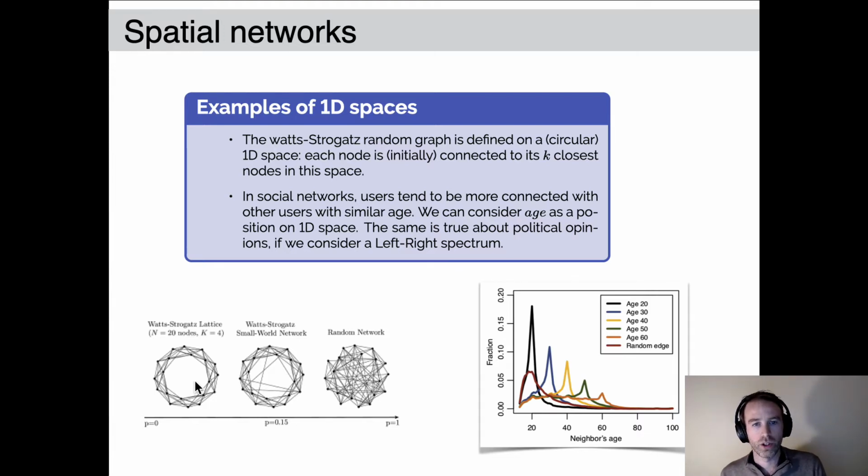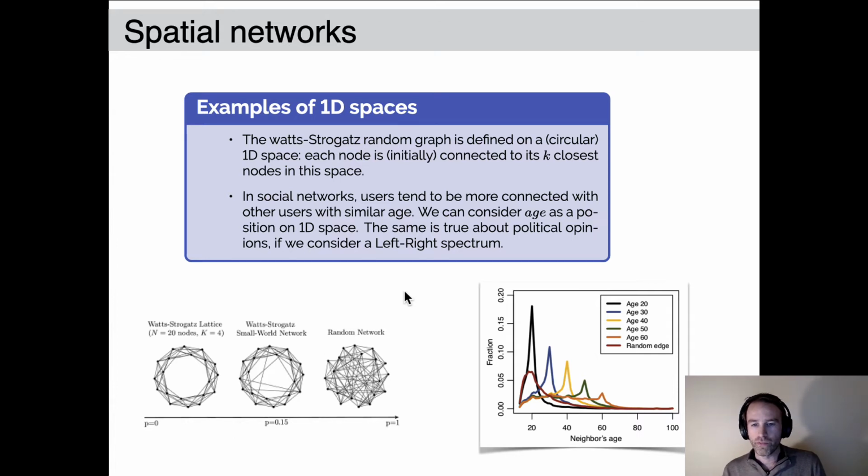And nodes are connected to the closest nodes on this circle. So it means that the probability of observing edges between nodes depends on their distance on this circle. And when we start to add some random edges, we are breaking this impact of distance, but we can still define it as a probability that will decrease with distance.